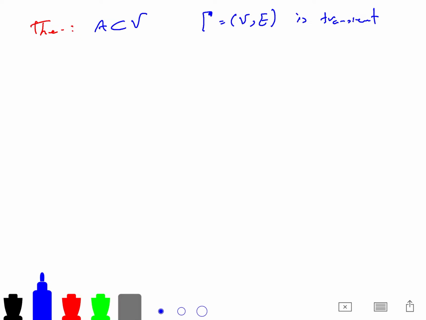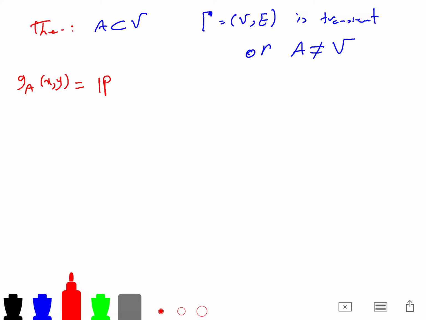If A is a subset of V, where the graph Gamma has some vertices and some edges, and we suppose that either this graph is transient or A is not the total vertex set but just a subset of it, then we should prove that G^A(x,y), the Green function, has a meaning: it is the probability that the time to hit y is less than tau A.